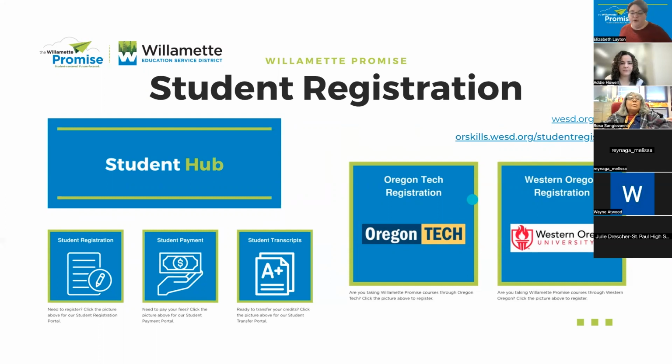Or they can also navigate to our website, wesd.org/student. They can click on the student registration and then click on the Western Oregon registration button. So there's 2 ways that students can get to the registration application, either directly through the OrSkills website or through our website.